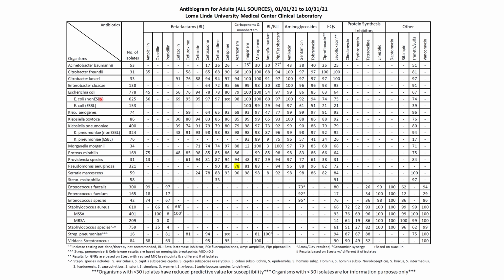For some organisms, they also report a subclass of those. For example, E. coli, we'll talk about what ESBL means in another lecture, but some E. coli produce something called ESBL. So they're showing you what the susceptibility looks like for those isolates specifically. Another good example is Staphylococcus aureus.